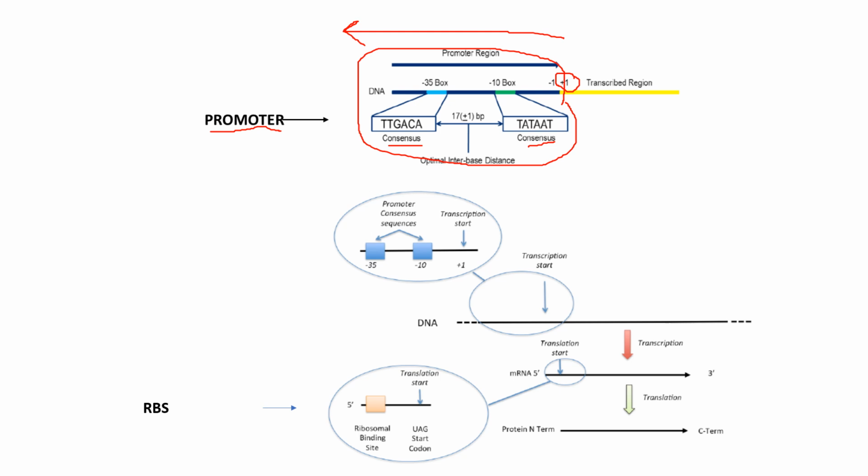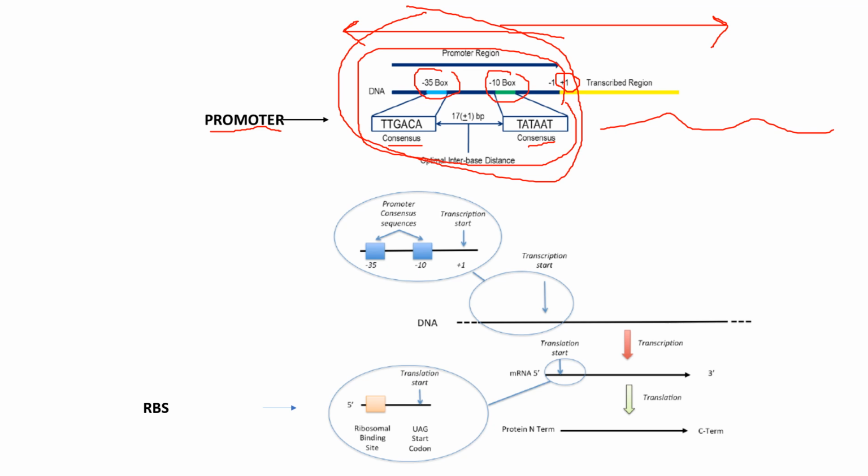One is at the minus 35 position and another is at the minus 10 position. These two consensus sequences are separated by approximately 17 base pairs. So this is the promoter. Now the RNA polymerase binds over this promoter and progresses in the downstream direction for the synthesis of mRNA.